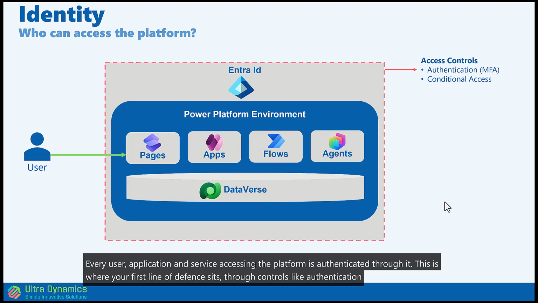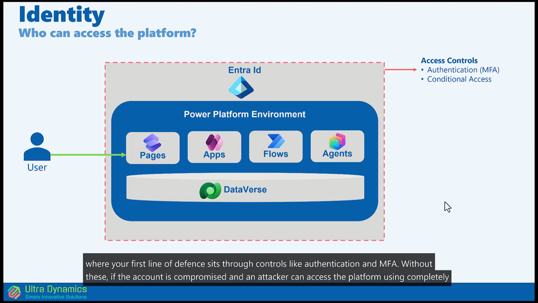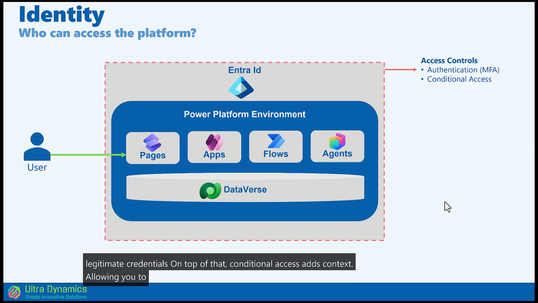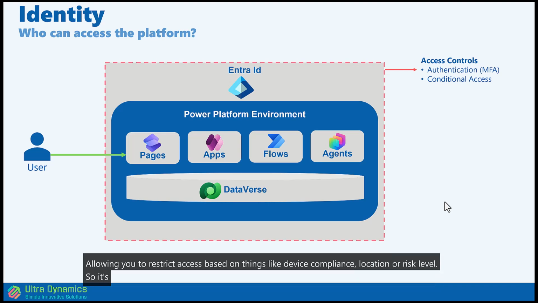Without these, if the account is compromised, an attacker can access the platform using completely legitimate credentials. On top of that, conditional access adds context, allowing you to restrict access based on things like device compliance, location, or risk level. So it's not just who the user is, but how and from where they're accessing the platform.